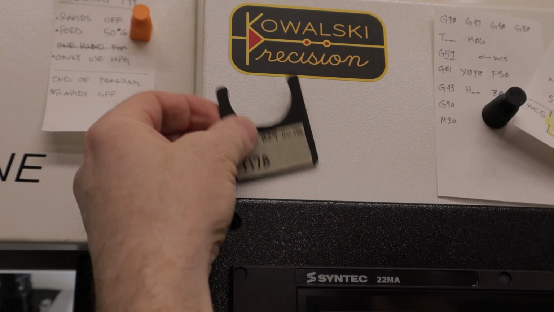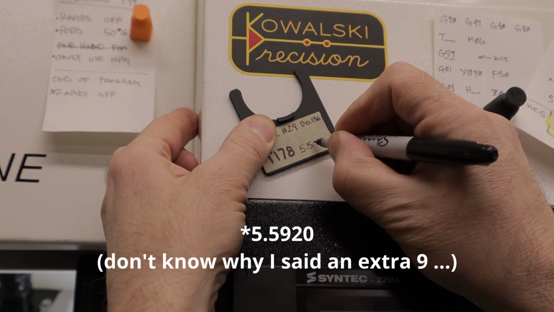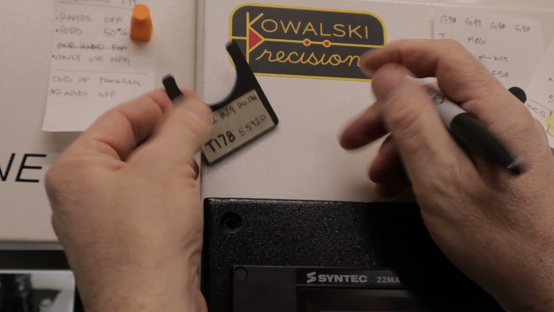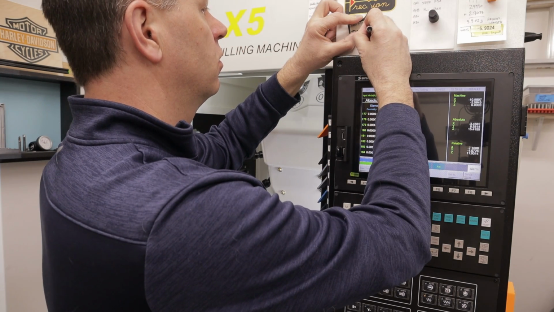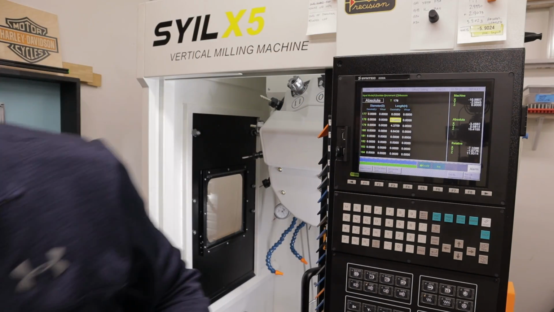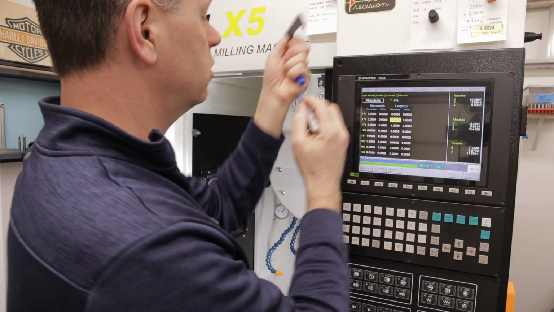I'll write it in here. 5.5920. Then I'll put my blue dot in there, so that one's done.